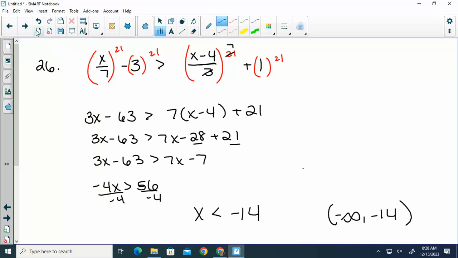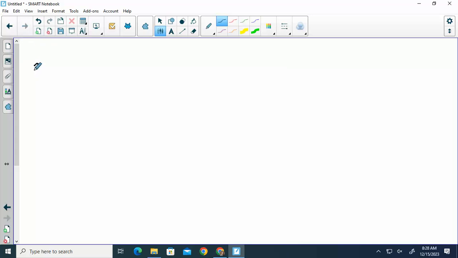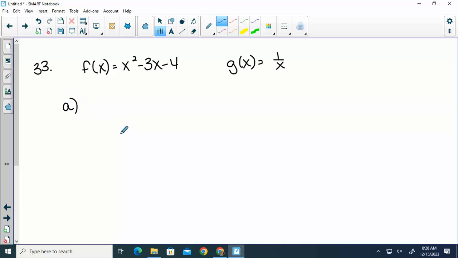Last problem we asked about was 33. So, okay, f times g. So here's f times, here's g.